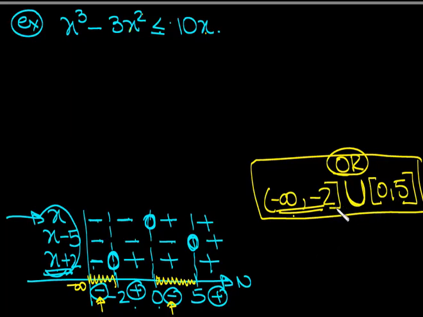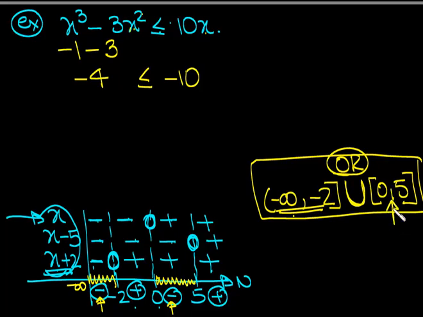So -1 is in between there. So let's try what happens if x is -1. -1 cubed is -1, minus -1 squared is 1. 1 times 3 is 3. So we get -4. Out here on this side we get 10 times -1 is -10. Is -10 greater than -4? No, so that doesn't work, so that's good.